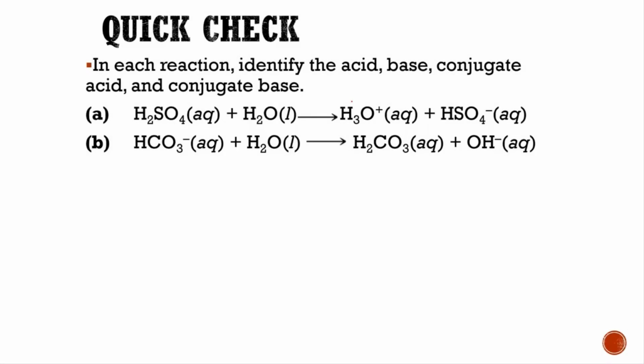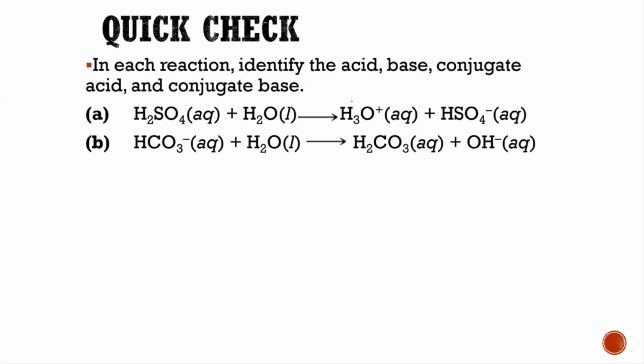Okay, let's start with letter A. Which one of these in letter A would be the acid? So we look at the left side. H2SO4. Yes, sulfuric acid is the acid. And water would be then what?